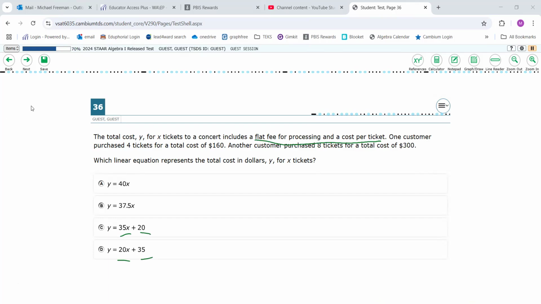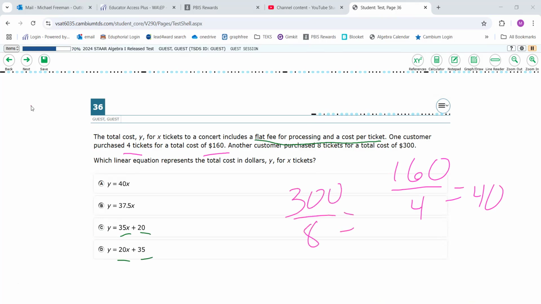But some of us were like, well, if 4 tickets cost $160, 160 divided by 4 is 40. And they told me it was A. I go, yeah, but then what's 300 divided by 8?